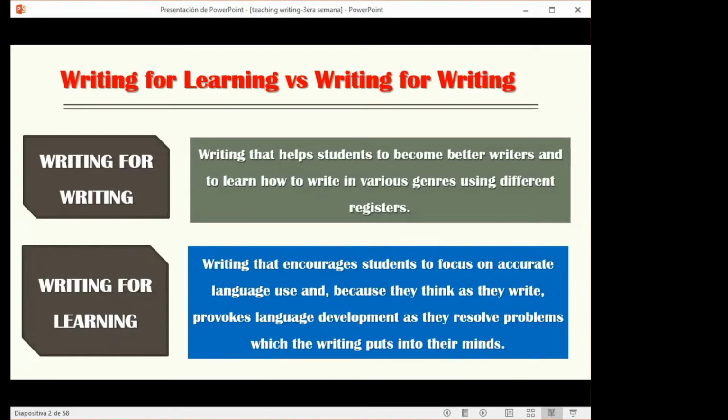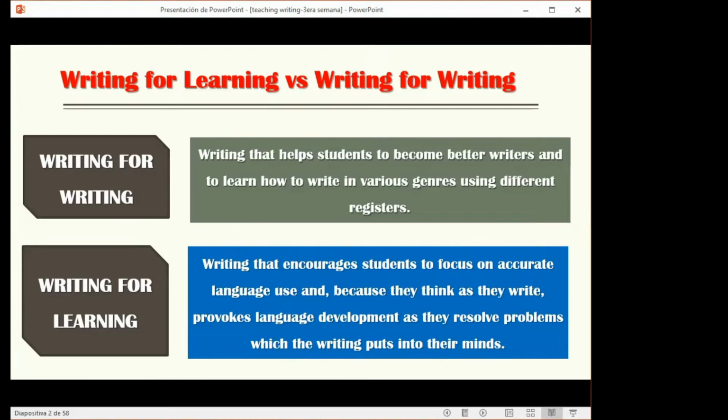On the other side, writing for learning is, as Cindy says, when you as a teacher give some specific task, and this specific task encourages students to use accurate language. They need to think carefully when they write, and they are going to improve their language development, and they are going to resolve problems or tasks which the writing puts into their minds.